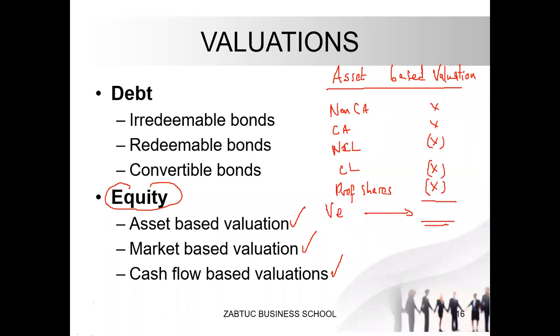Okay. What values do you use here? In the absence of any information given, you just use the book values. But normally a question will combine. They will give us a combination, a mix.